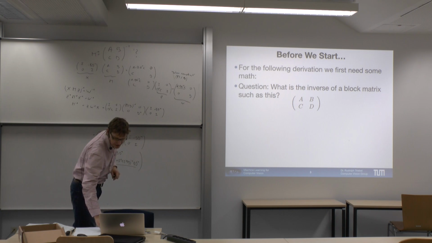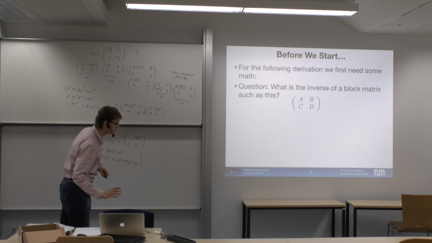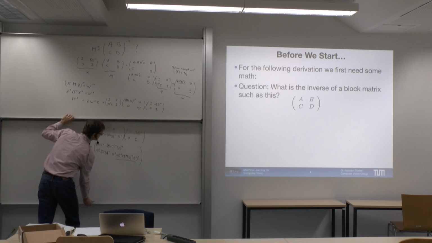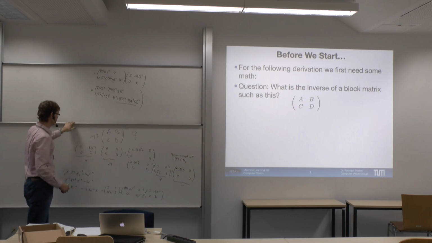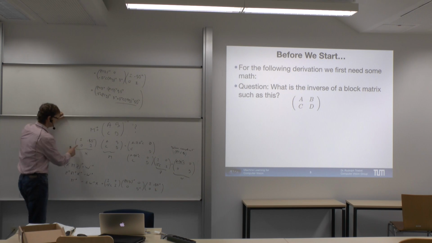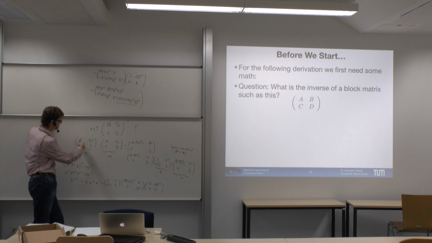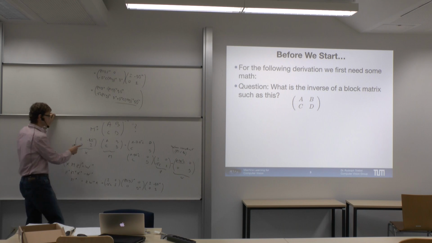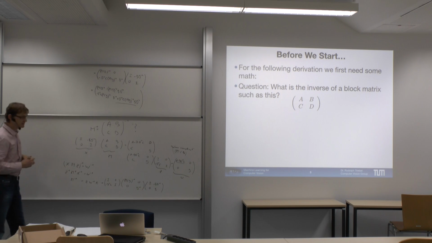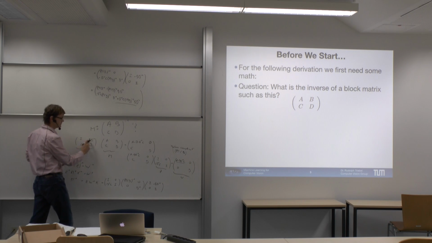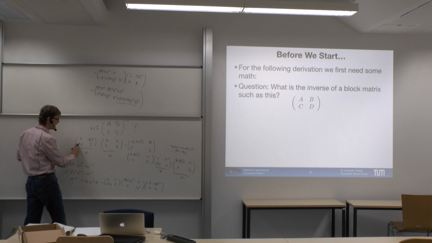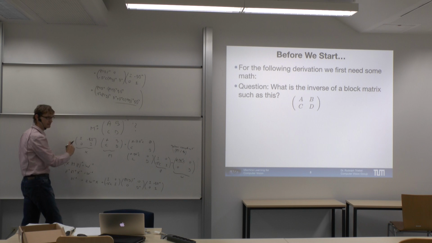I think I have this already in the last one. Well, I'm not showing this now. Just give me one more thing I would like to show you. The trick is that what we did here is we pre-multiplied with the lower triangular matrix. We could have done the same by pre-multiplying with the other triangular matrix. The only thing that would change is that instead of using B D to the minus 1, we then use minus A to the minus 1 C, right?